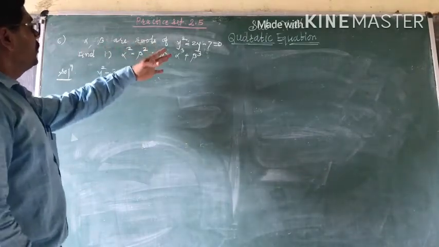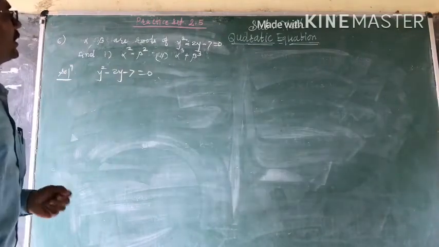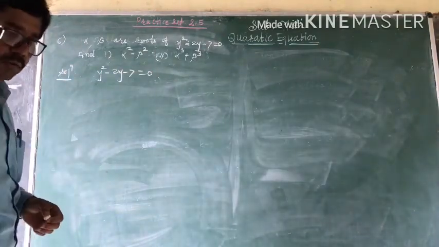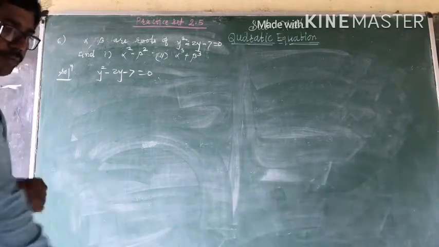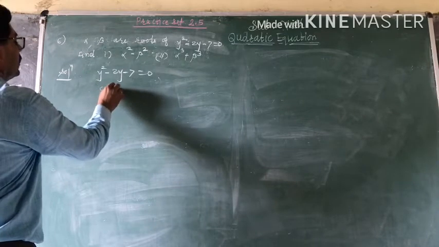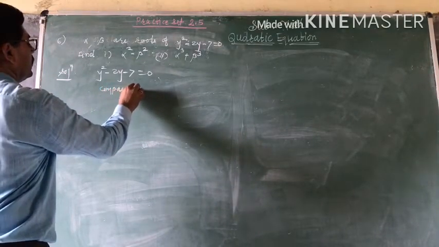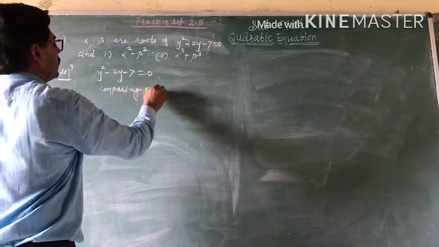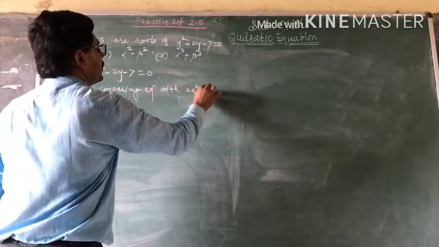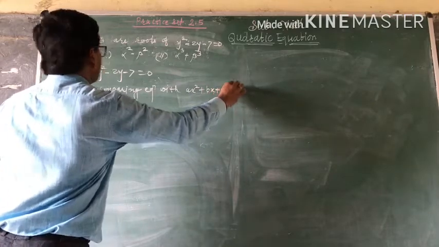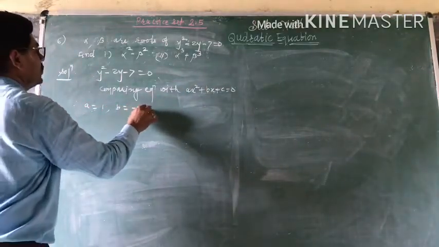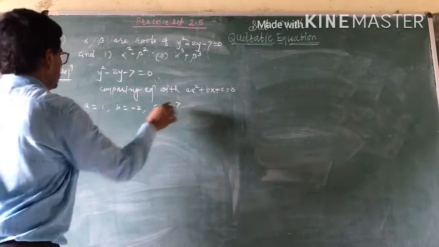You know the relation between alpha plus beta and alpha into beta. From the given equation, comparing this equation with x square plus bx plus c is equal to 0, a is equal to 1, b is equal to minus 2 and c is equal to minus 7.